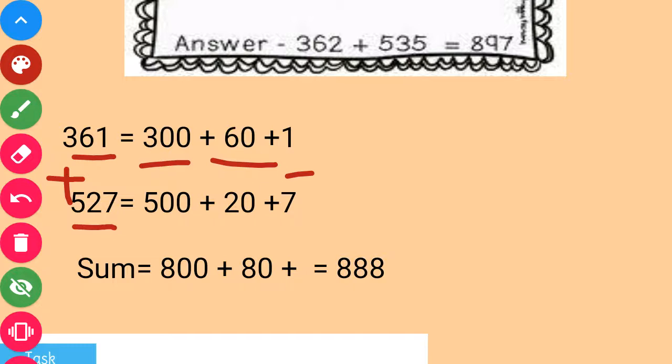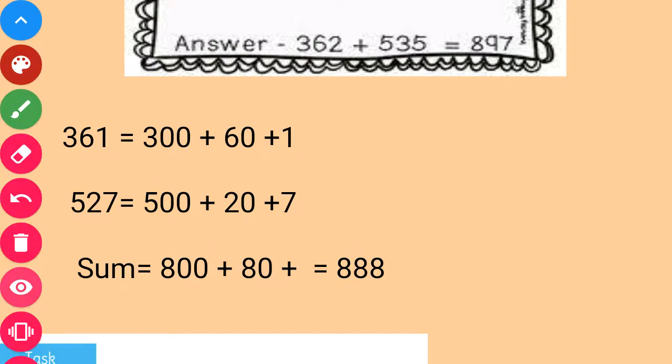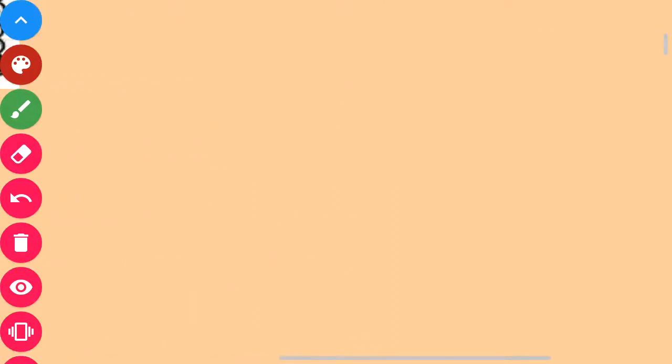Expanding 527, we will get 500 plus 20 plus 7. See, now 7 plus 1, 8, 6 plus 2, 60 plus 20, 80, and 500 plus 300, 800. So our answer will be 888. Okay, let us understand this further with more examples.